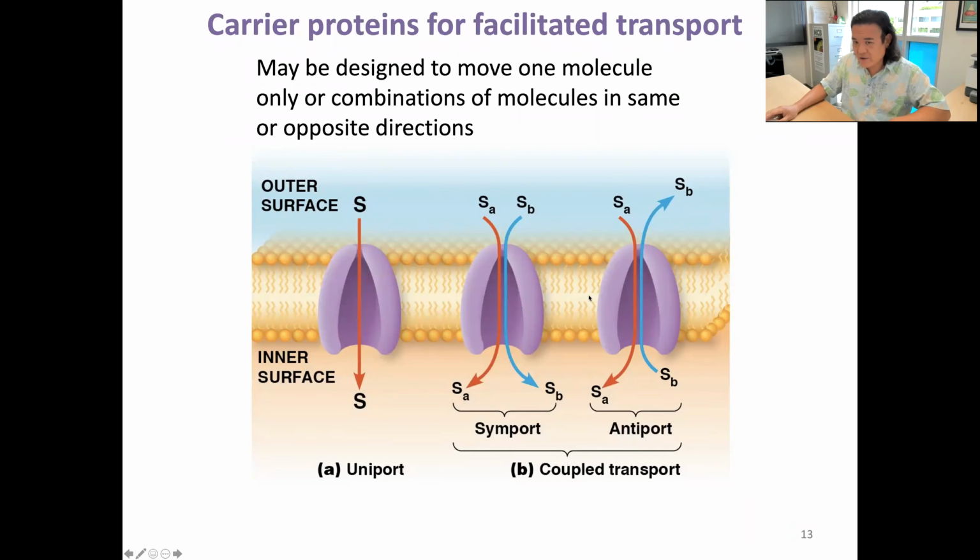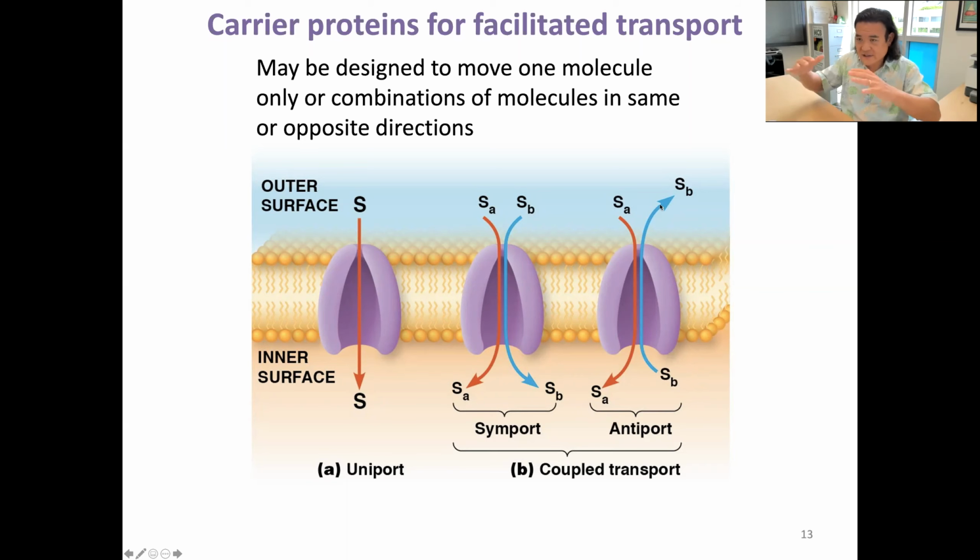And some of these proteins are even more clever. Let's say this particular purple transport protein binds solute A on the outside, and when it changes its shape, it dumps solute A into the cell. But as it's open to the inside of the cell, that's the right shape to bind solute B that's been floating around inside the cell, right?